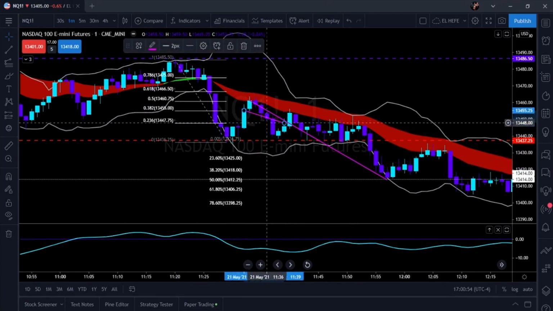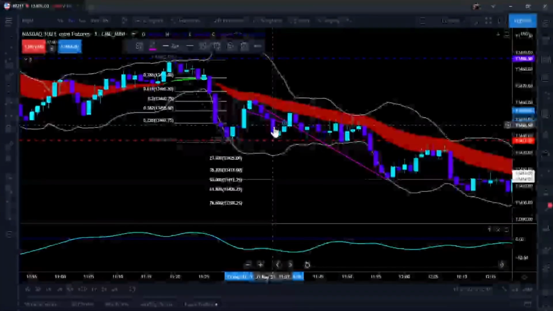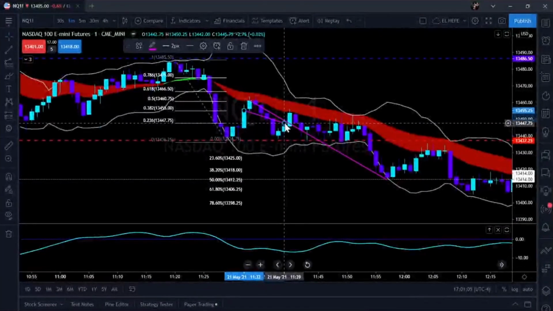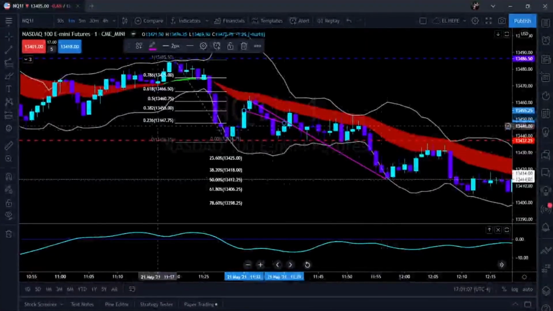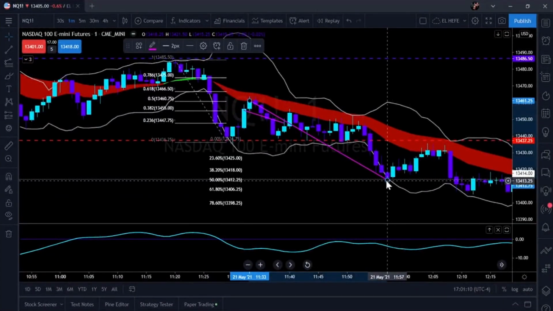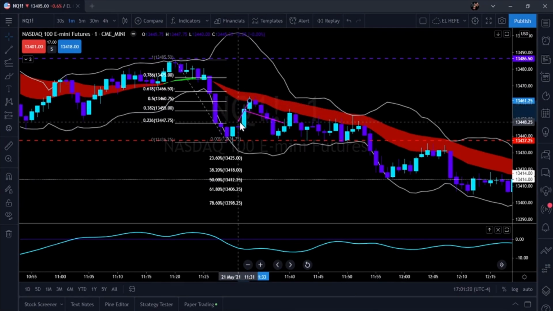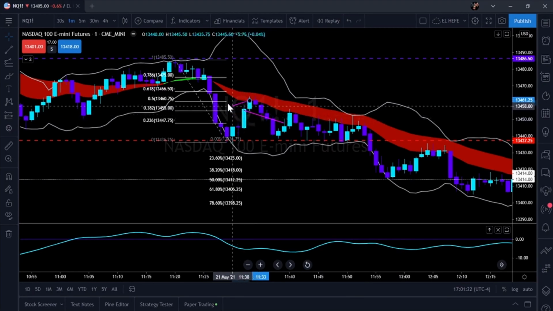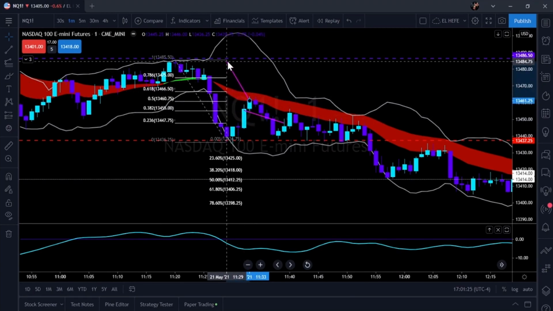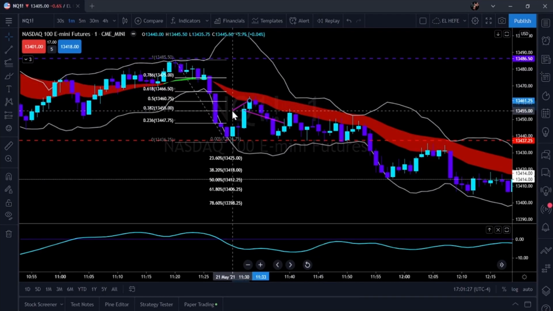I'm short here. Price broke that level right there, and then came back up and stopped me out. All right, same goes for this guy. I got stopped out as well. This trade didn't play out for the tight risk management that I use. So if I'm short here and we break that 0.236 level, my stop goes from being way up here all the way down to the next level below me, so 0.382.